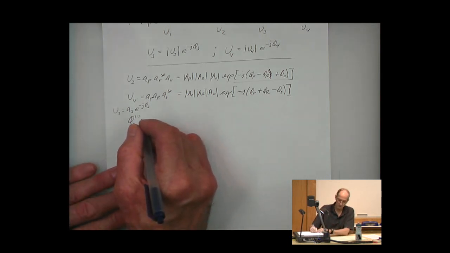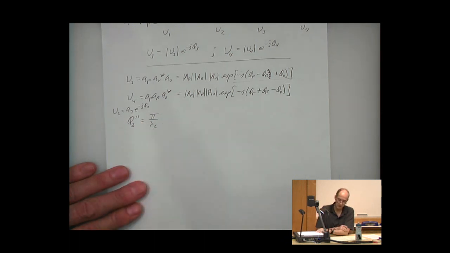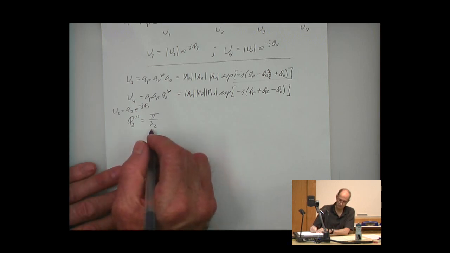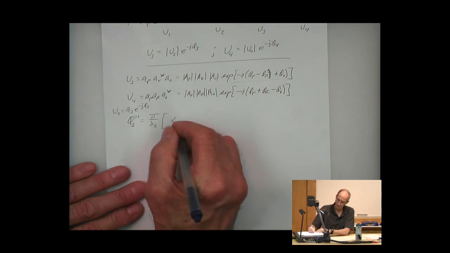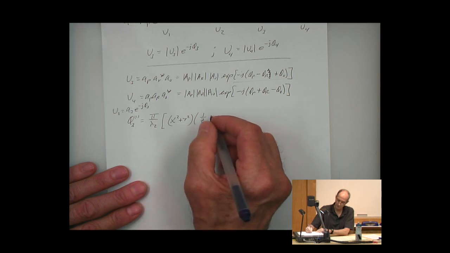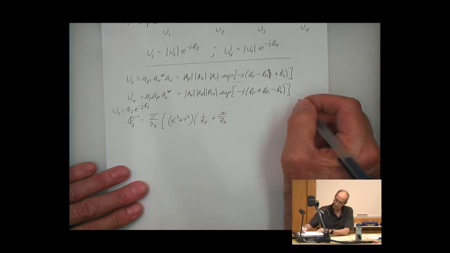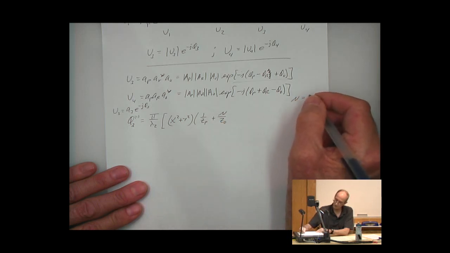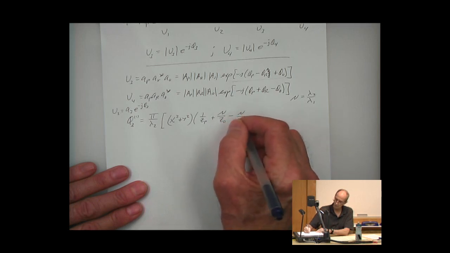Okay, so this now we can write as pi over lambda 2, and lambda 2 is our reconstruction wavelength, and then we have that times x squared plus y squared times 1 over zp plus mu over z0. Now mu, we have two wavelengths, right? So mu is the ratio of the two wavelengths, lambda 2, the reconstruction wavelength, over lambda 1, the construction wavelength, minus mu over zr.